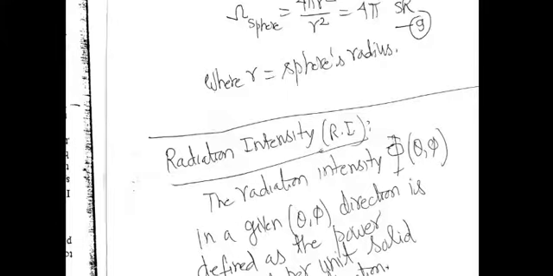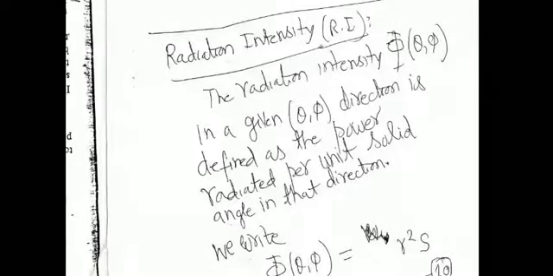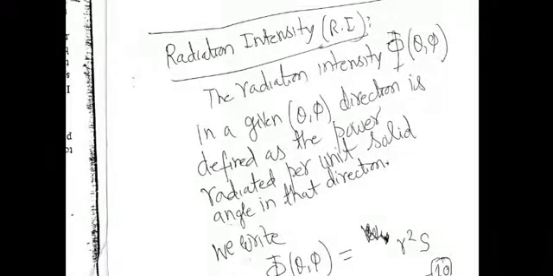Now, a very important concept before we define gain of the antenna is the so-called radiation intensity. I am denoting it by capital phi. That's what the Jordan and Balmain book does. In many other books, you will find the symbol capital U. So live with that. Poynting vector is power radiated per unit area.